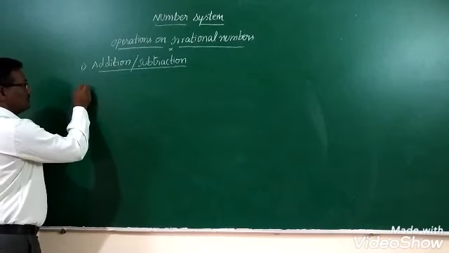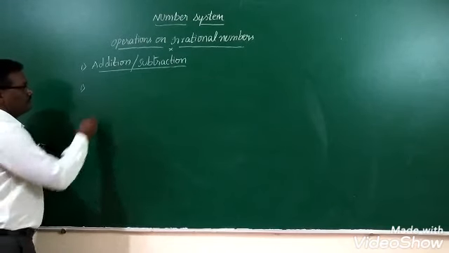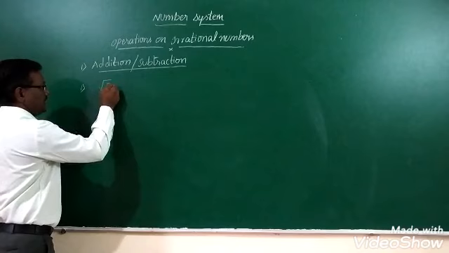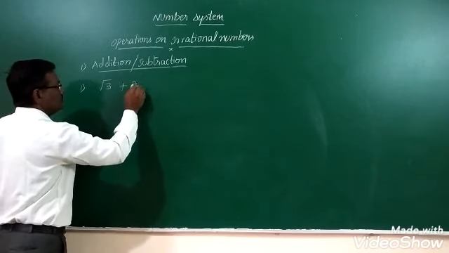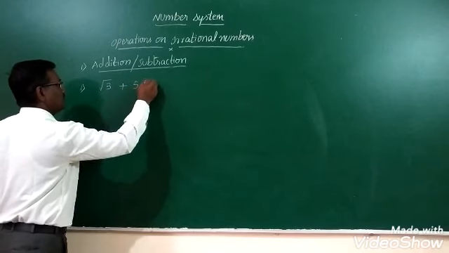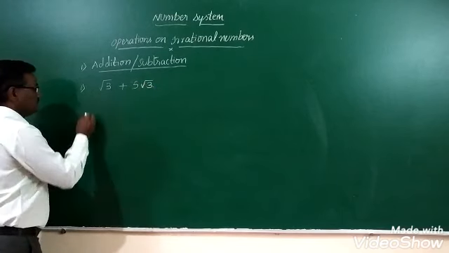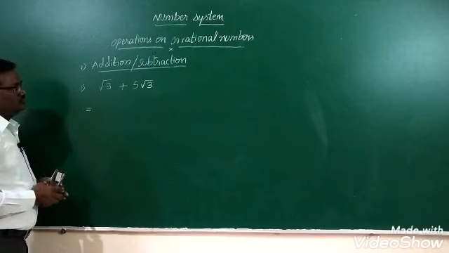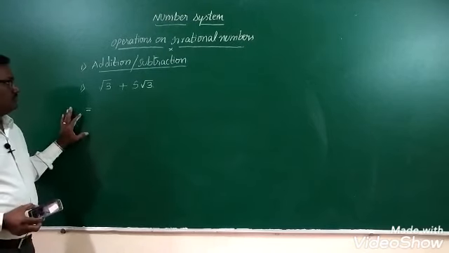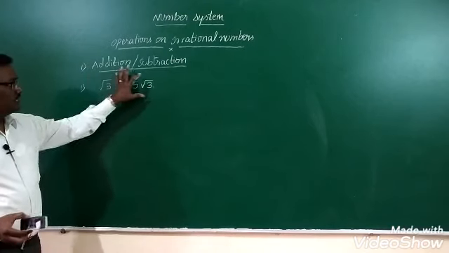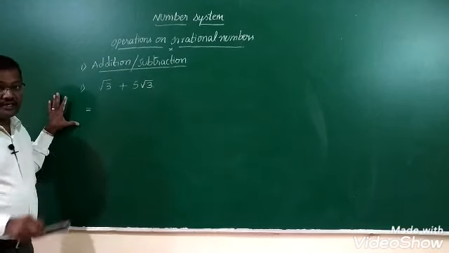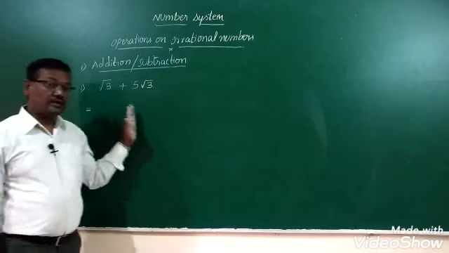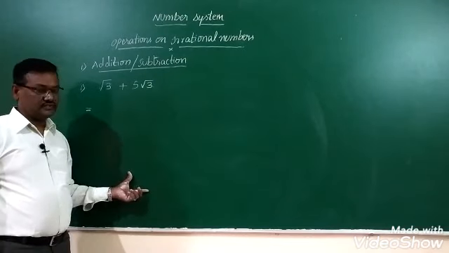Right? So, observe now. First one: root 3 plus 5 root 3. First, we have to observe whether the given terms are like or unlike. In case the terms are unlike, we keep them as it is.